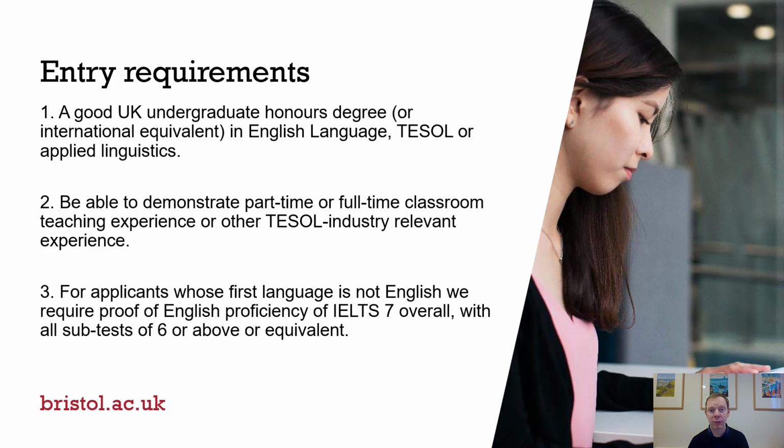We can, in exceptional circumstances, offer places to applicants with maybe a 2-2 or equivalent. In those cases, because of how in demand the programme is, make sure you take the time to tell us what you've learned that is in addition to your academic experience. And that's going to be your professional experience, your voluntary experience, and so on.